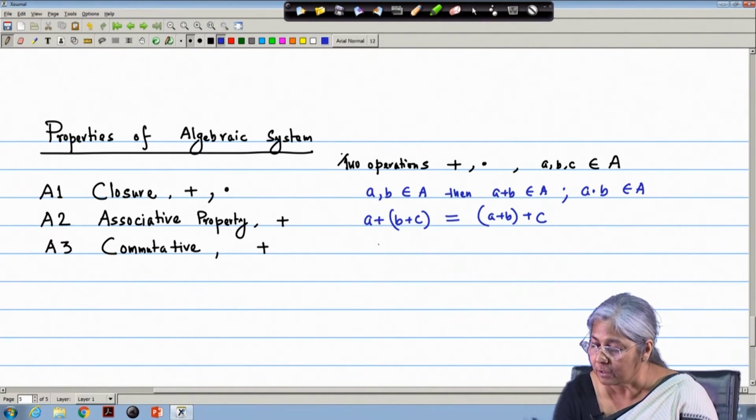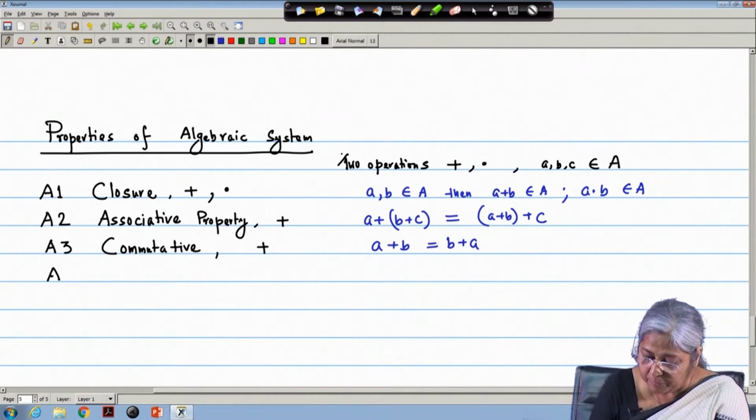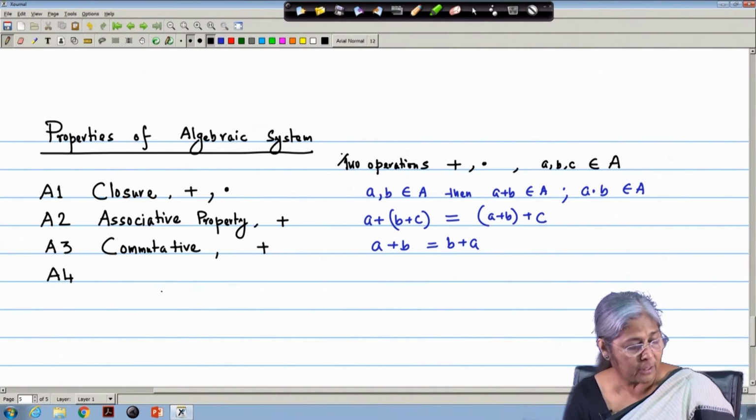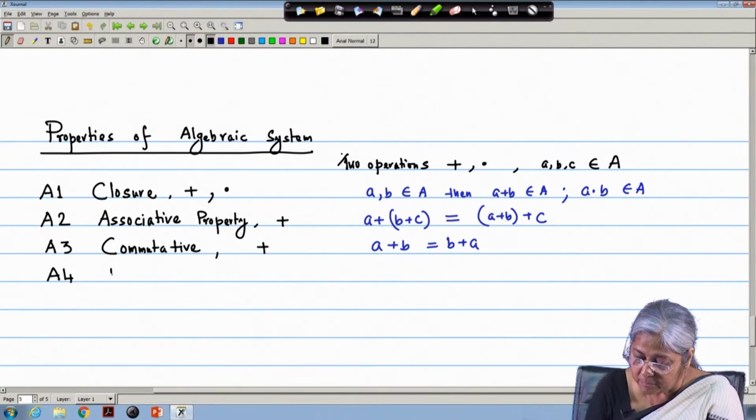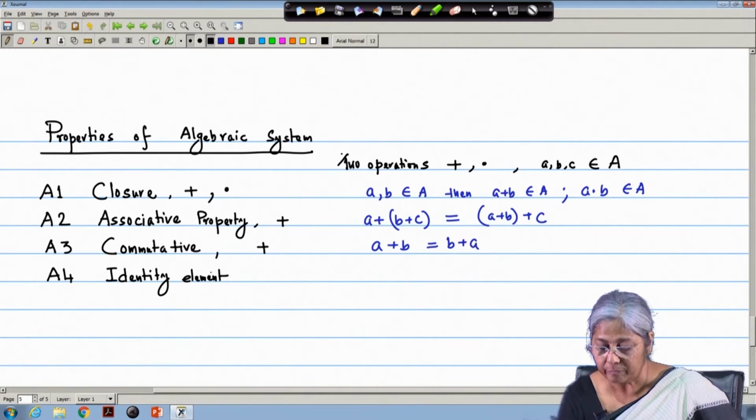That means if A, B belong to A, then A plus B equals B plus A. Property A4 is that an identity element exists.